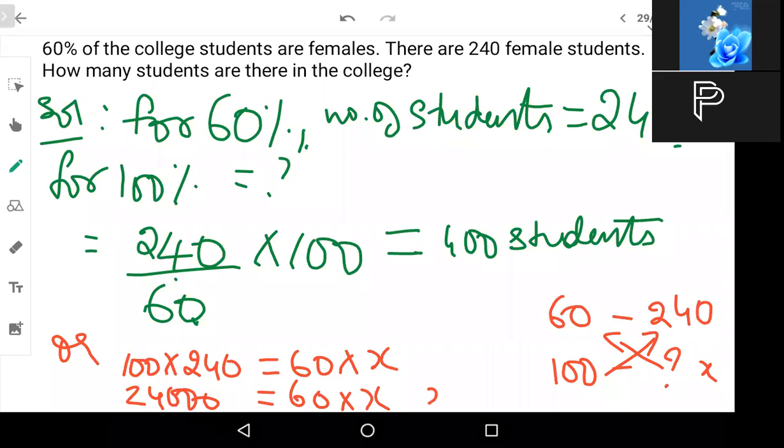So what will be the x value? You will still get 400 only. If you are getting confused with this method, do the cross multiplication like this, you will still get the same. So the total number of students in the college is 400.